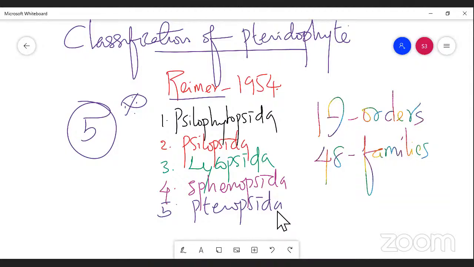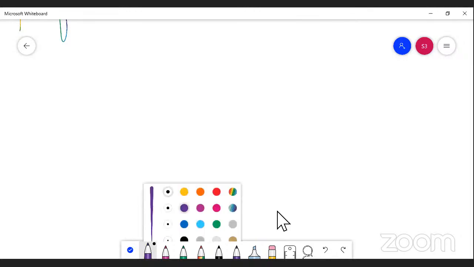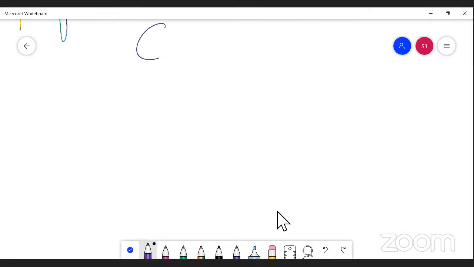Okay, my dear students, next we pass on to the economic importance of pteridophytes. It is a very interesting area to understand.